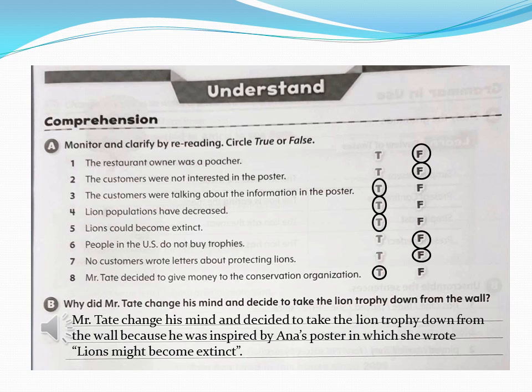Dear students, let's move towards page number 13, exercise A. Monitor and clarify by rereading. Circle true or false. Number 1, the restaurant owner was a poacher. He was not a poacher, he was a naturalist. Poacher means someone who hunts animals illegally.